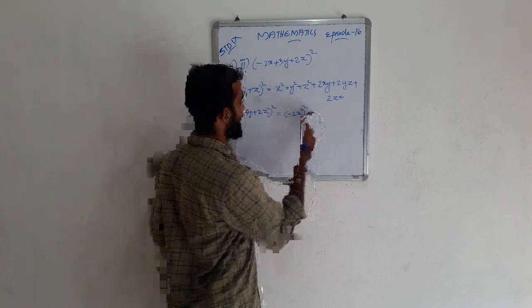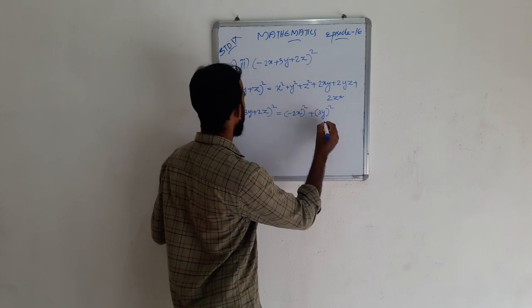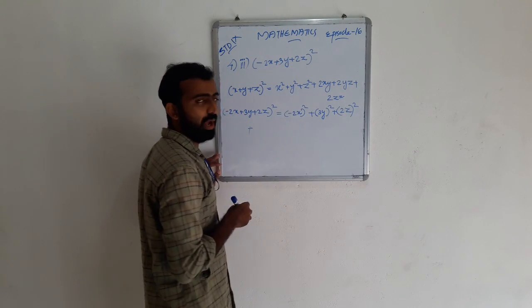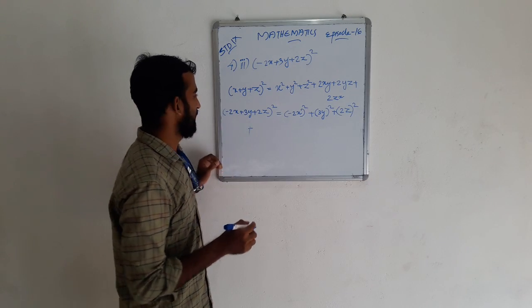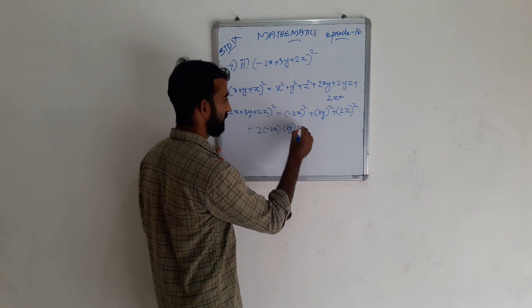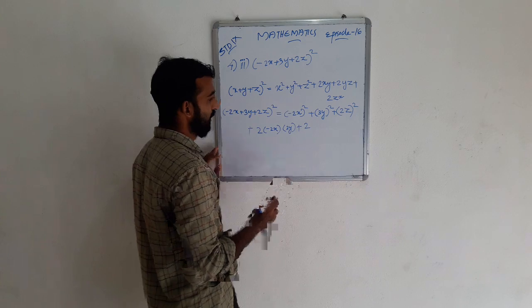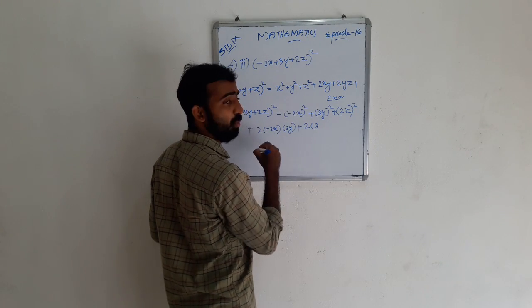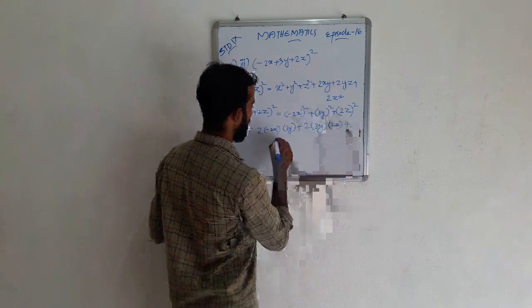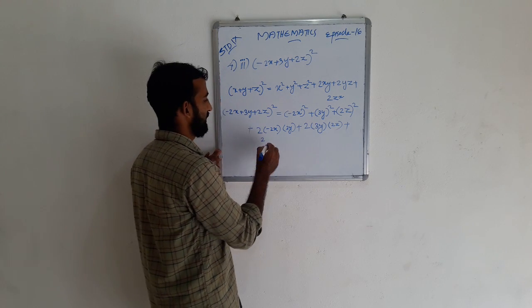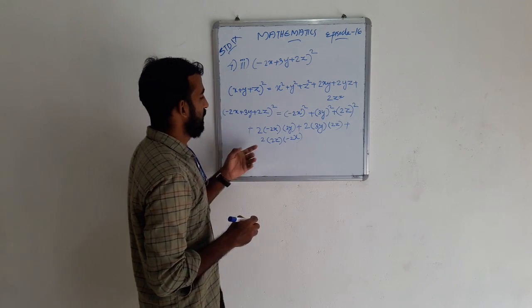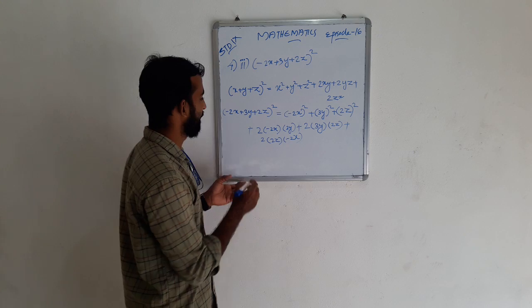So x square plus y square plus z square plus 2xy, that is 2 into negative 2x into 3y, plus 2yz, plus 2zx.